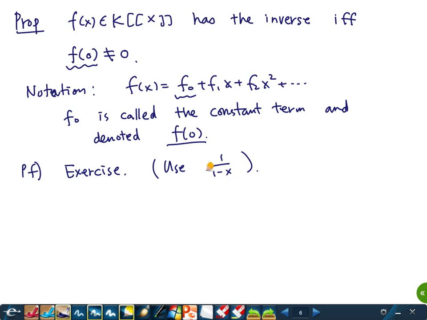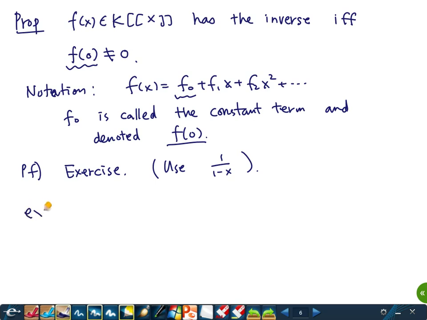We know that 1 minus x has an inverse. If a formal power series has a non-zero constant term, you can find its inverse using the argument as we did over here. But yes, it's an exercise. Right. Okay.